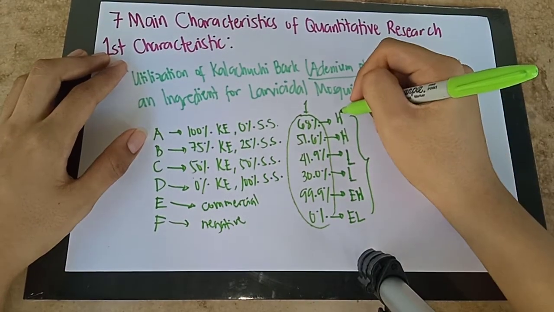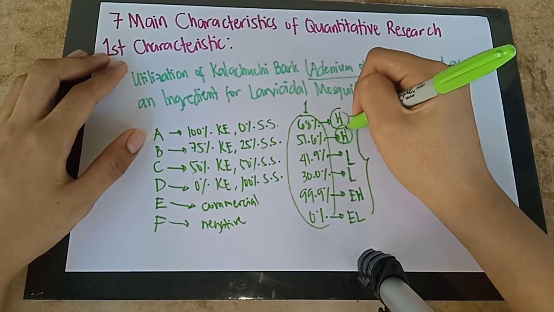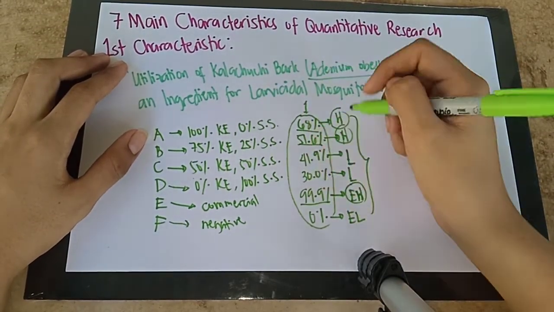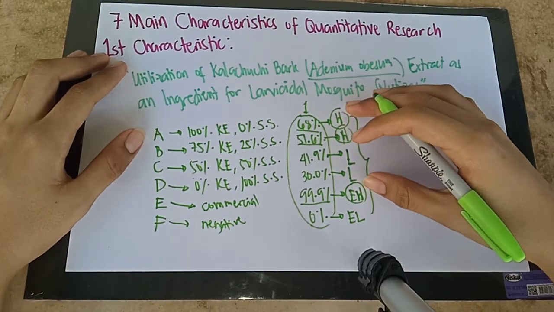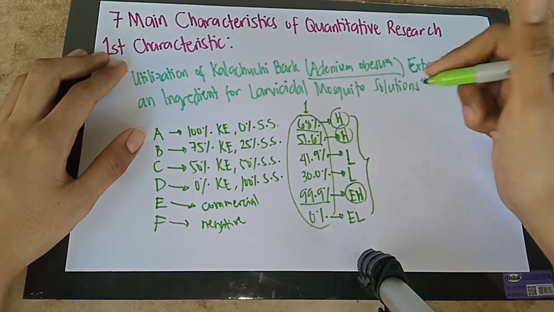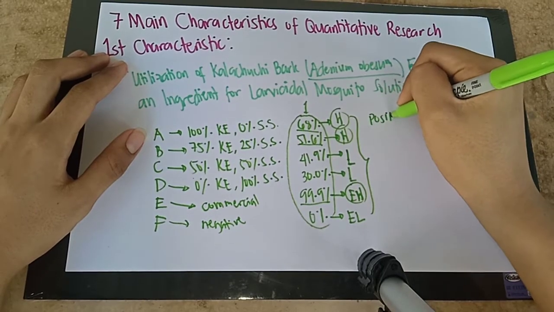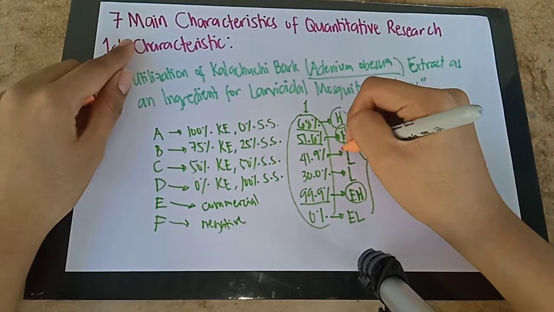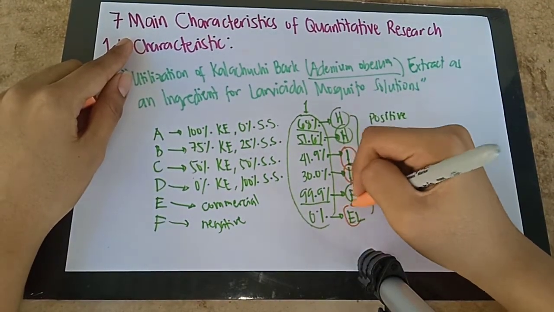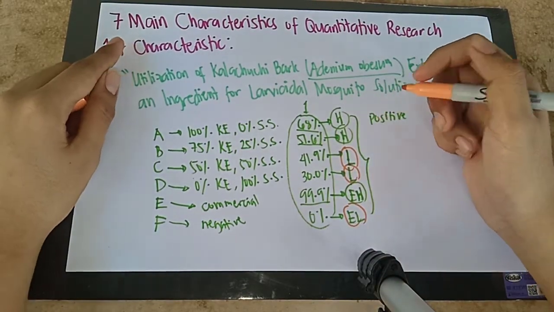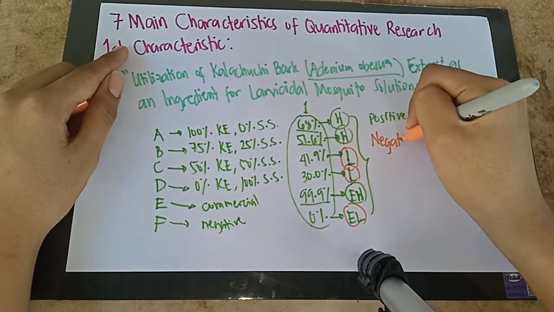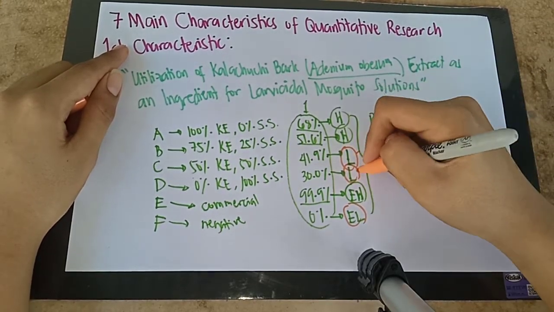Okay? So, those that I encircled, the values that contain the high and extremely high percentages, are they positive results or negative? Obviously, they are positive results. Next, the ones that I encircled in orange, do they contain positive or negative results? Obviously, they contained negative results, because they are low and extremely low.